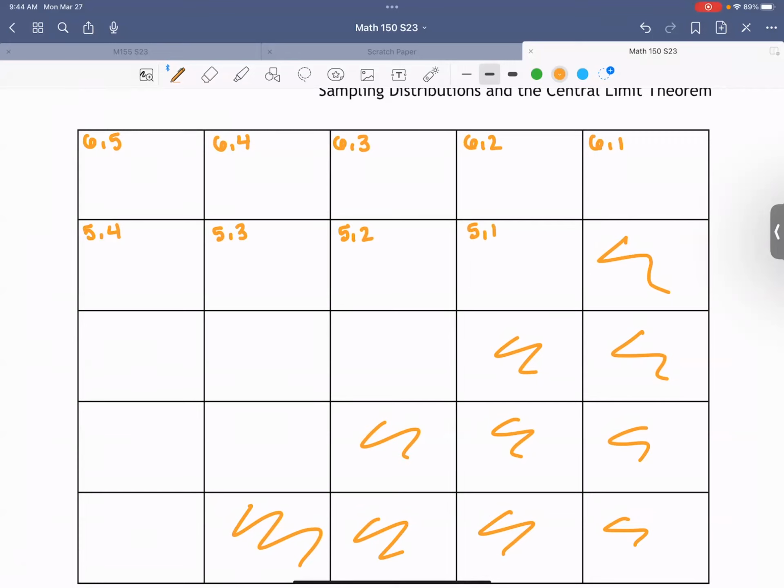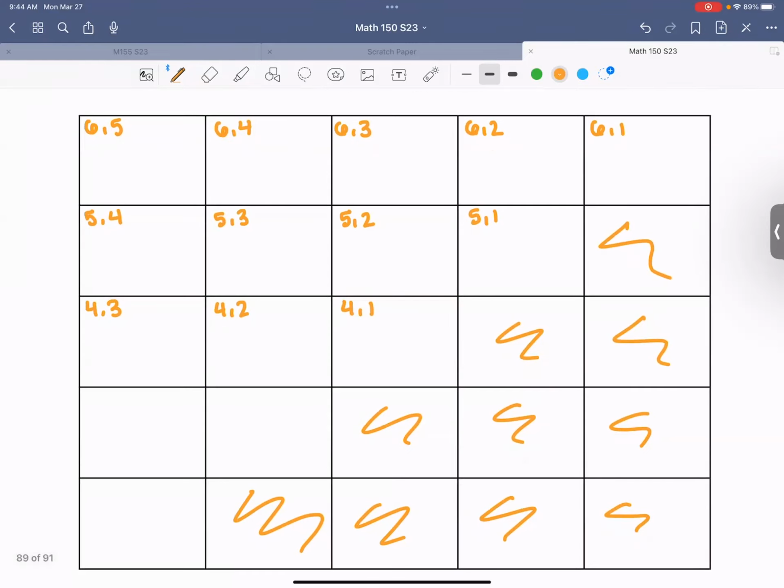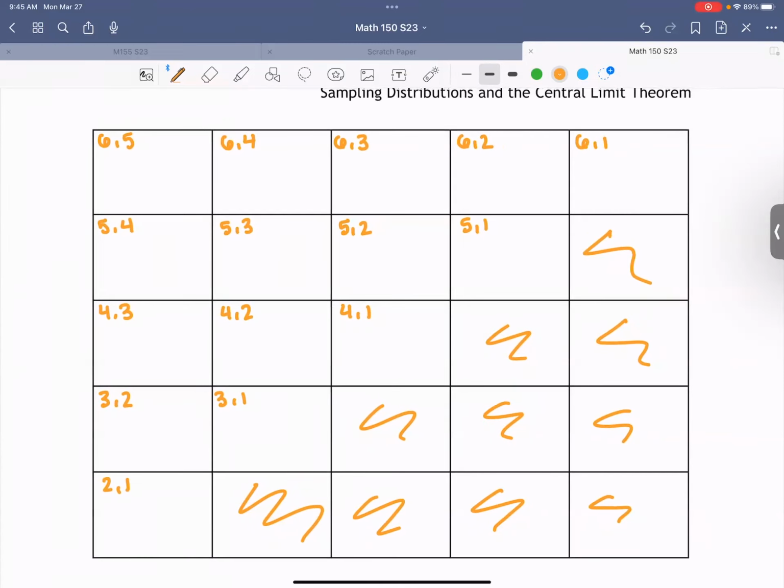On the third row, we're going to write 4 and 3, 4 and 2, 4 and 1. On the second to last row, we got 3 and 2 and 3 and 1. And on the very last row, we got a sample with person number 2 and person number 1. Okay, so each of these cells represents one of these samples, and we have 15 total.